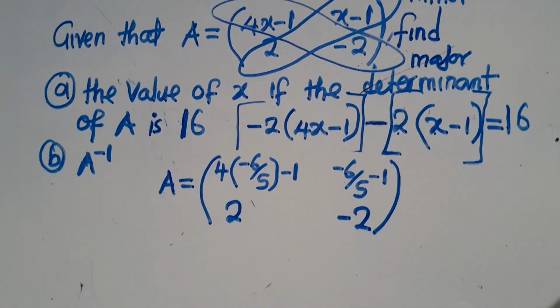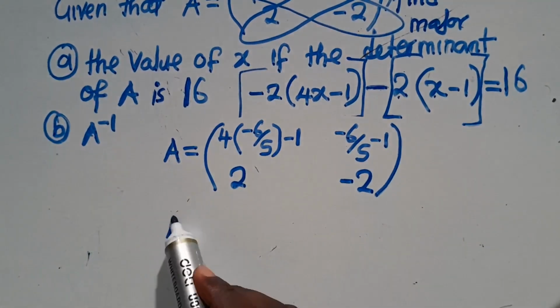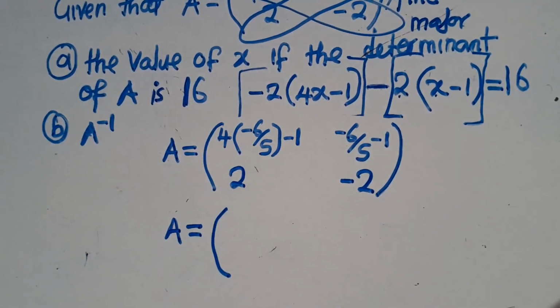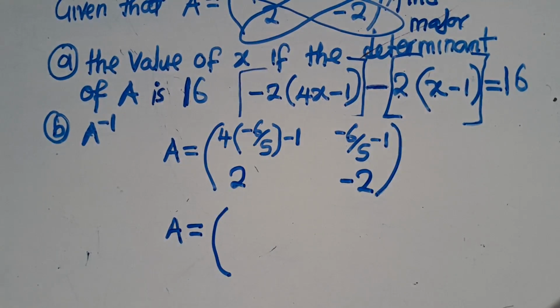So with this, let me now find the matrix. So what answer am I getting there? These questions come in paper 2. So I can just say 4, open bracket, negative 6 over 5, close bracket, minus 1.